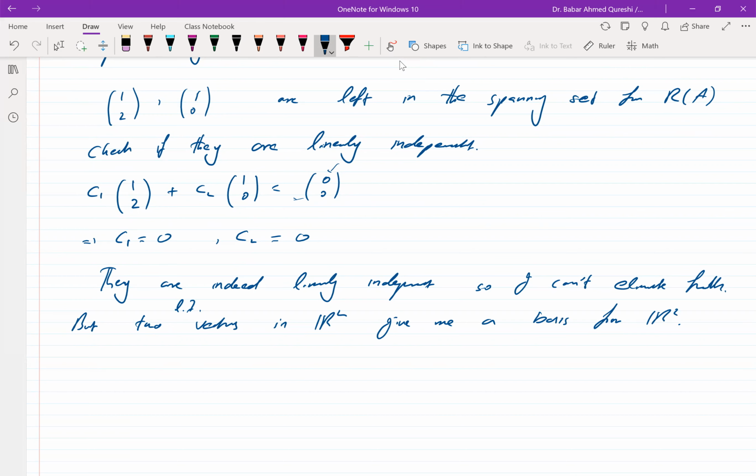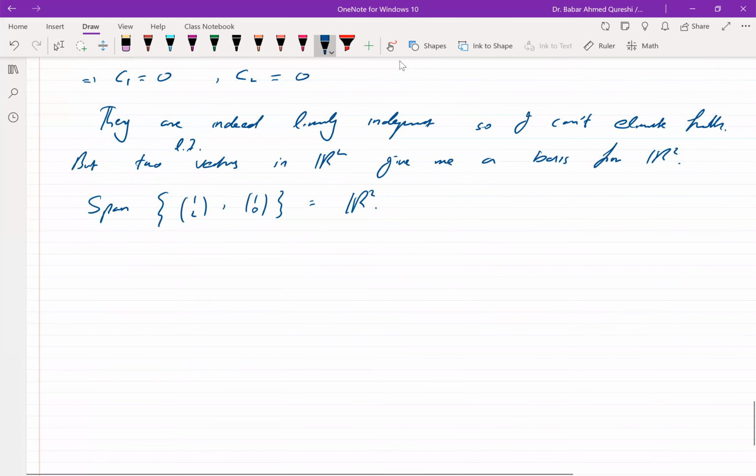So the span of these two would be the full R2, because they form a basis. So I figured out that R of A is actually R2.